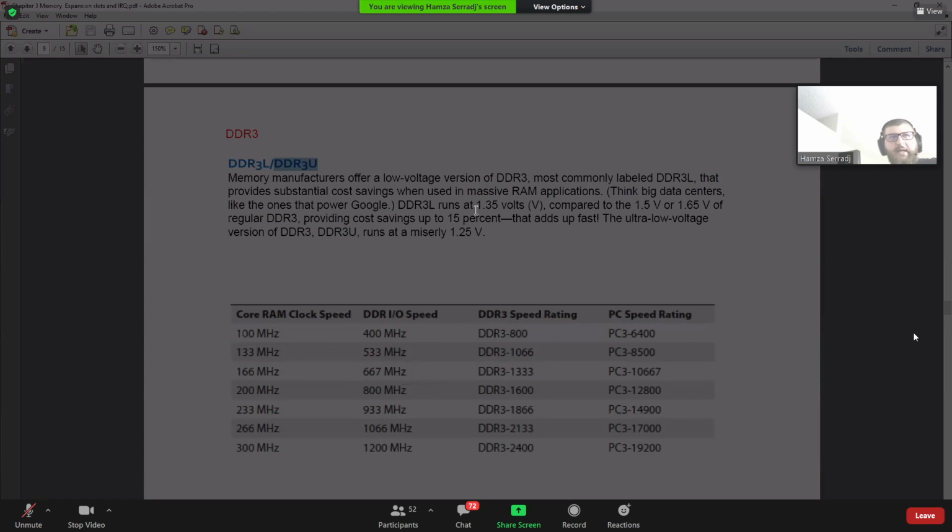So DDR3L runs at 1.35 volts compared to the 1.5 or 1.65 volts of the regular DDR3. The ultra low voltage is less than that. Well, we can go down to 1.25 volts of consumption here. See? So why are we doing this? Well, what do you think is the advantage of this one?